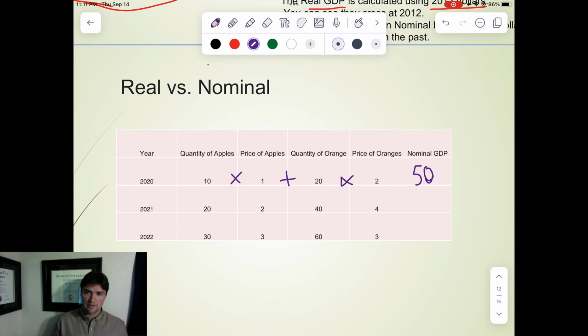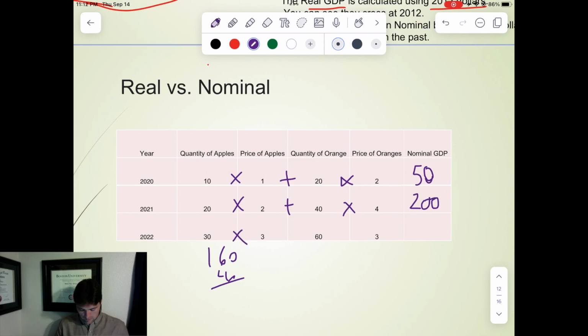And if you're wondering, is this what GDP is? Very similar, because we are looking at the consumption: you bought this much for this price. So 50. The next year will be 2 times 20 plus 4 times 40, so that'll be 200.